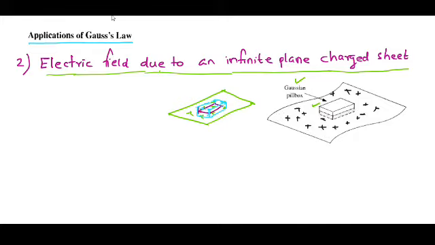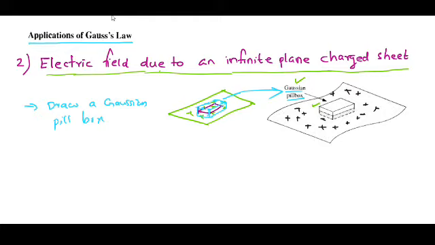This Gaussian surface is nothing but called a pillbox. It is the Gaussian pillbox.